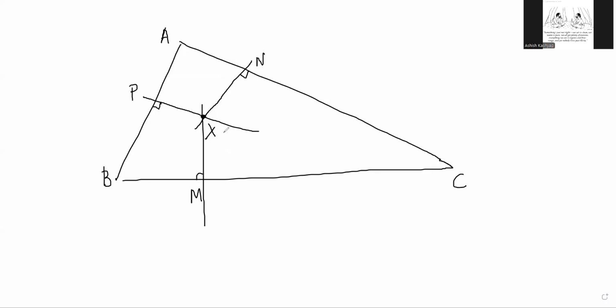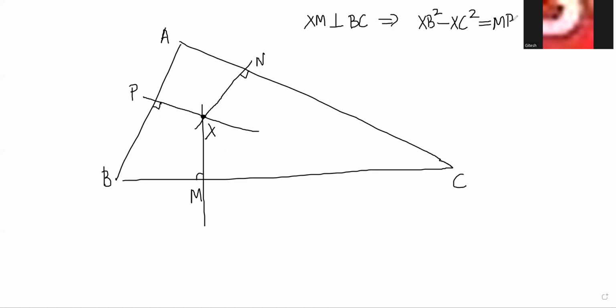Then by the previous criteria, we know now that XM is perpendicular to BC, right? So by the previous criteria, Gitesh, what can we say? XB square minus XC square is equal to MB square minus MC square. Correct.